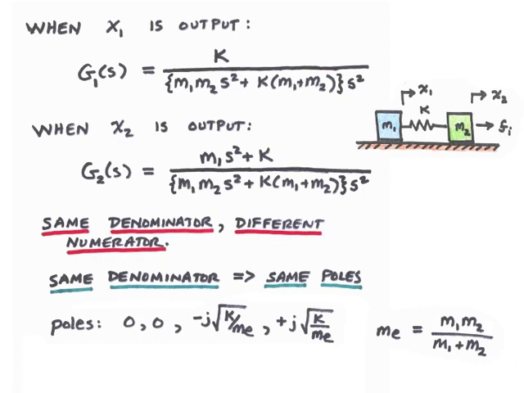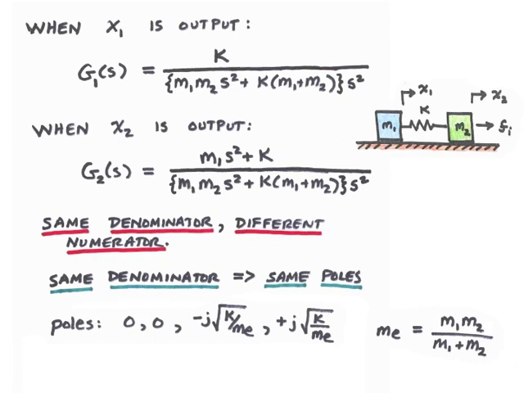But g1 and g2 will have different zeros. g1 doesn't have any zeros, and g2 has a pair of zeros that are imaginary. This is a key aspect of these mechanical systems. They will have the same poles independent of what output we use, but they can have different zeros depending upon what output we use.